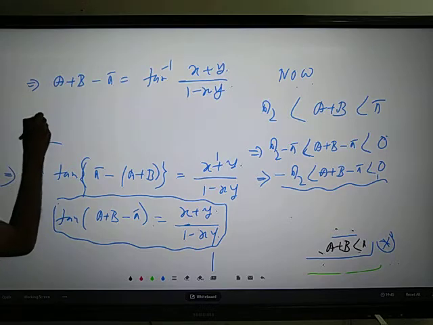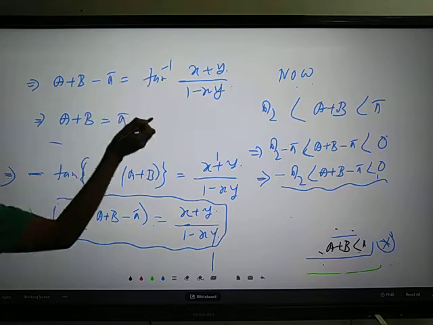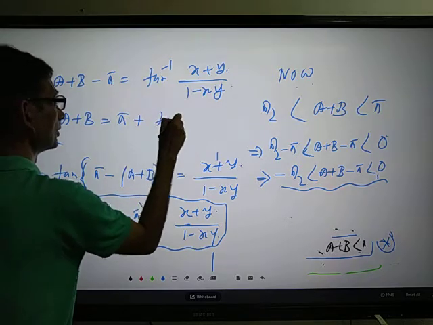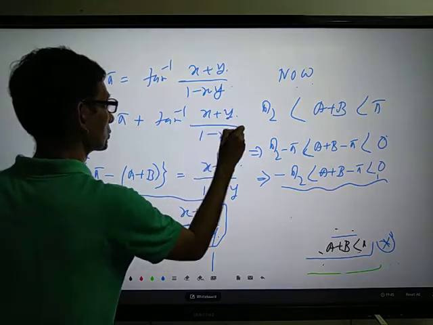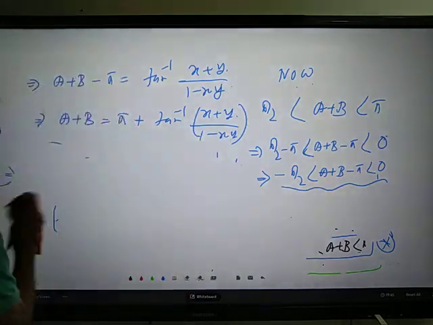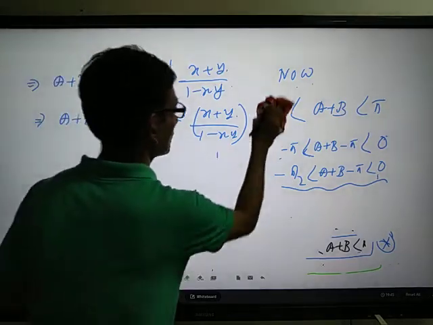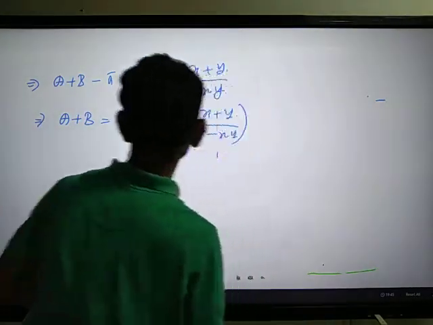What is the next step now? a+b equal to π; if you transpose, π + tan⁻¹((x+y)/(1−xy)). We just don't need all this, so we'll replace it.